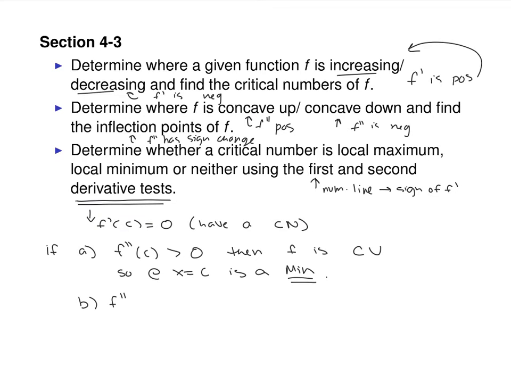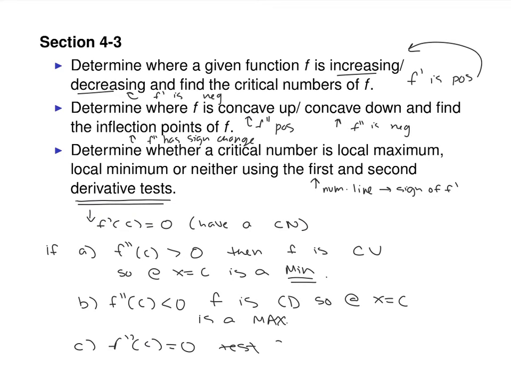If the second derivative is less than 0, f is concave down. So at x equals c is a max. Just think about it: second derivative negative, concave down means max, right? And then the last part: when the second derivative is equal to 0, the test fails.